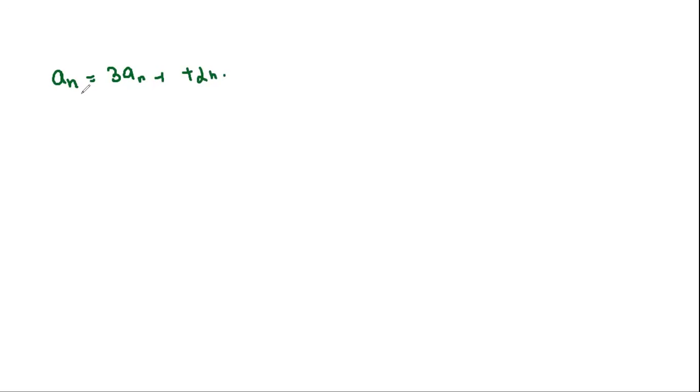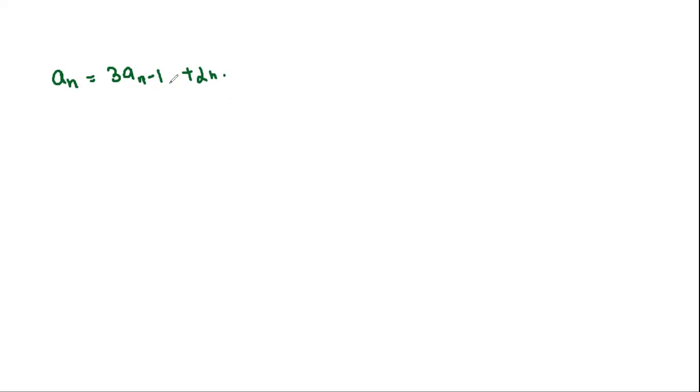Now, to solve this linear non-homogeneous recurrence relation with constant coefficients, this is n minus 1, just let me change it, n minus 1. We need to solve its associated linear homogeneous equation and to find a particular solution for the given non-homogeneous equation.